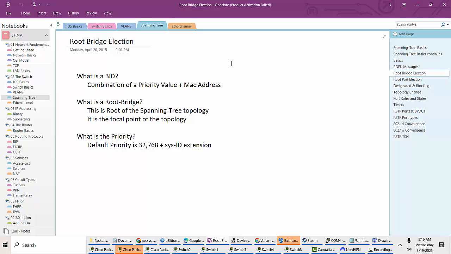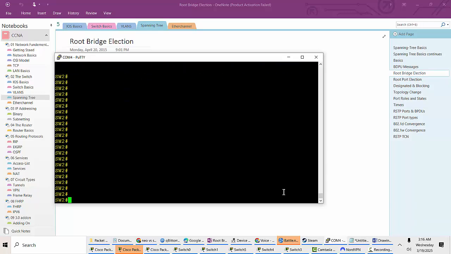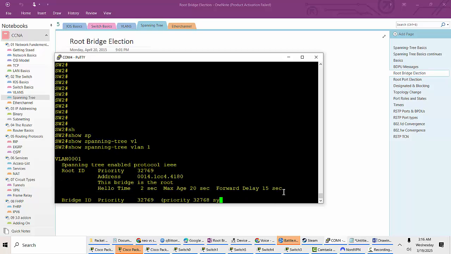So, what is a priority? The default priority plus the SysID extension. Let's take a look at that. Let's go into here. Show spanning tree, but I'm only going to look at it for VLAN 1.